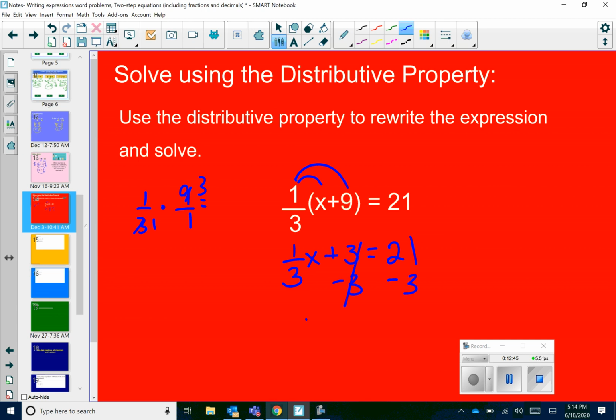That leaves me with 1/3 x. 21 minus 3 equals 18. And then my last step is to just multiply by the reciprocal, which would be 3 over 1. What we do on one side, we do to the other. And then 18 times 3 is going to give us our final answer of x equals 54.